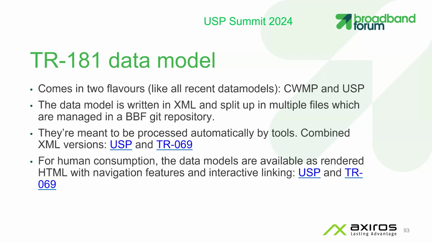Again, find them through the other site. So the easiest way to access all of that is usually USP.technology, rather than remembering the long host names with all the dashes in them. So that's usually much harder to remember. And yeah, so we recombine them into a single protocol-specific XML version. But of course, for human consumption, you typically refer to the generated report. So that was what Jason was showing before.